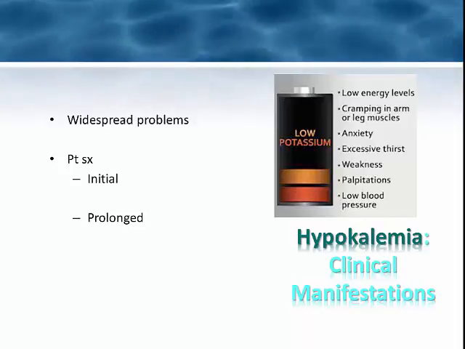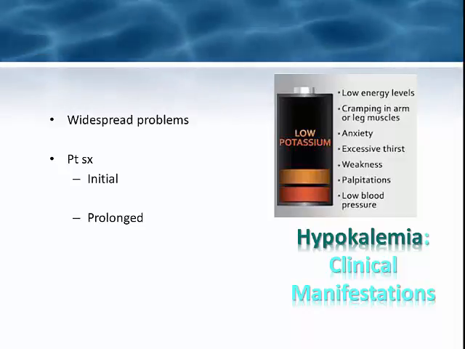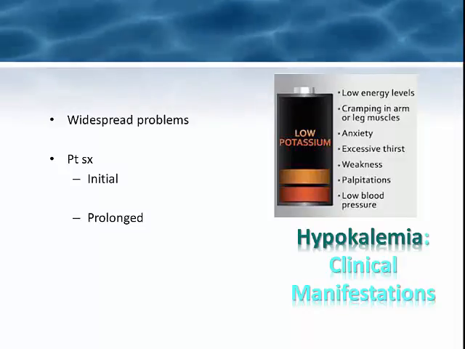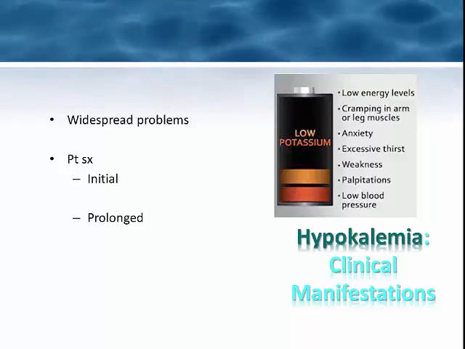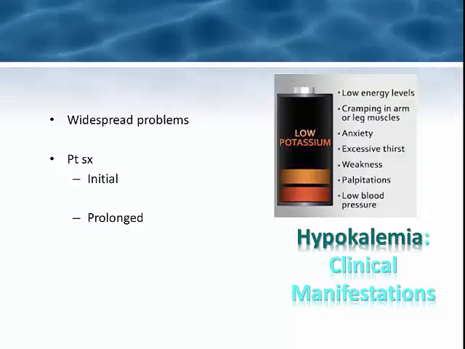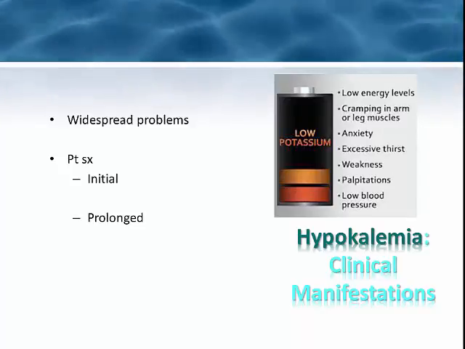Pretty much they're widespread problems in neurologic functioning. Severe hypokalemia can cause death, cardiac and respiratory arrest. Hypokalemia is much more common than hyperkalemia due to the number of illnesses that are associated with it.